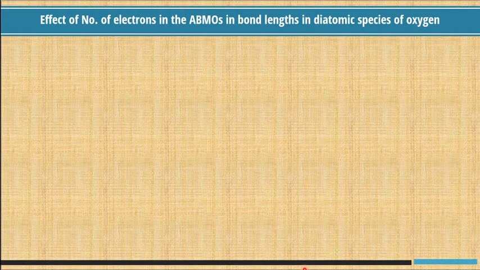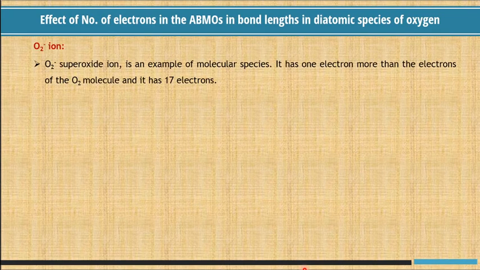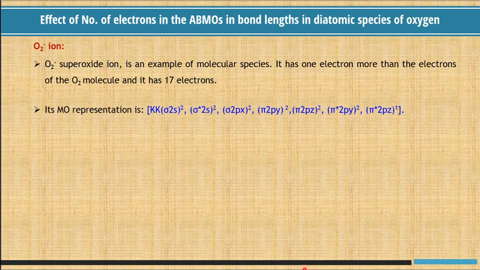The effect of the number of electrons in the antibonding molecular orbitals on bond order and bond lengths in diatomic species of oxygen. Let us consider the O2 minus ion. O2 minus ion is also called the superoxide ion. This is an example of a molecular species. It has one electron more than the oxygen molecule, and it has 17 electrons.